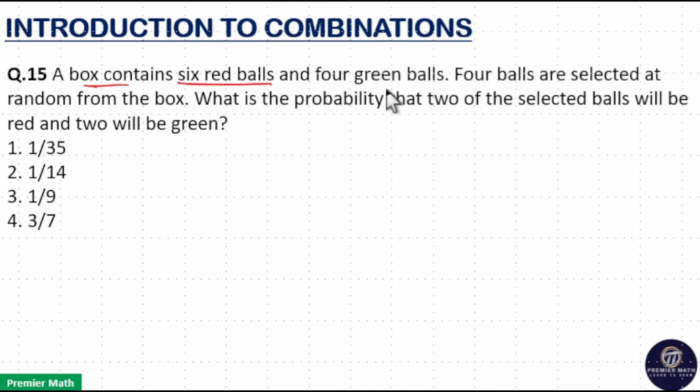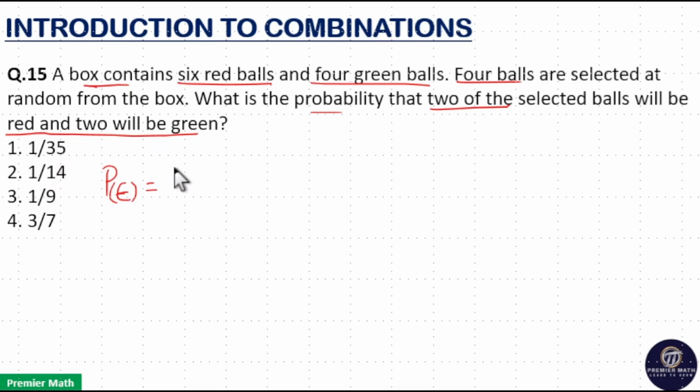A box contains 6 red balls and 4 green balls. 4 balls are selected at random from the box. What is the probability that 2 of the selected balls will be red and 2 will be green? Here, if you look at the options, they are fractional values. So this is the probability of an event. Either you can understand from the question, or if you look at the options, they are in fractional form.